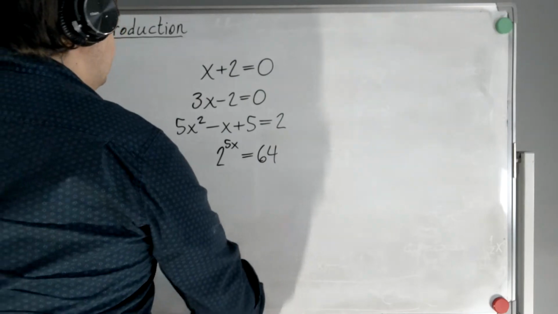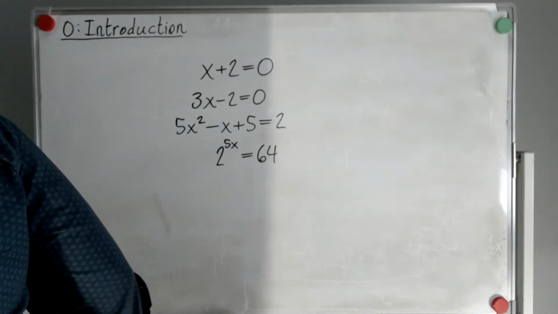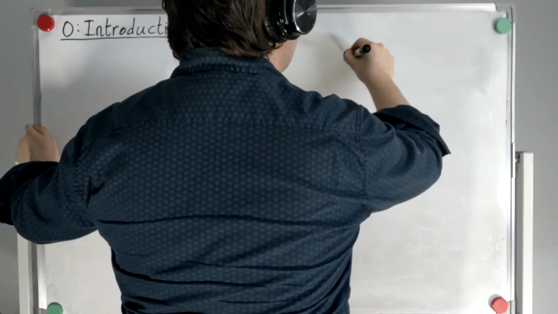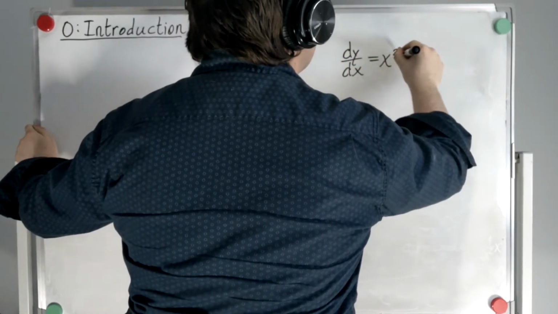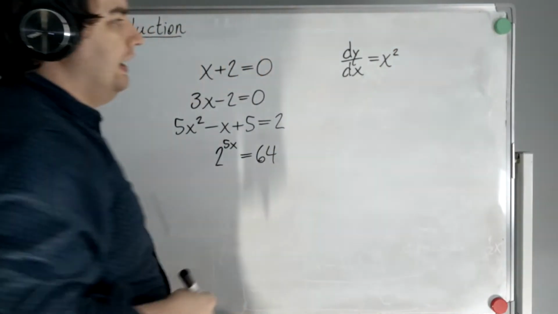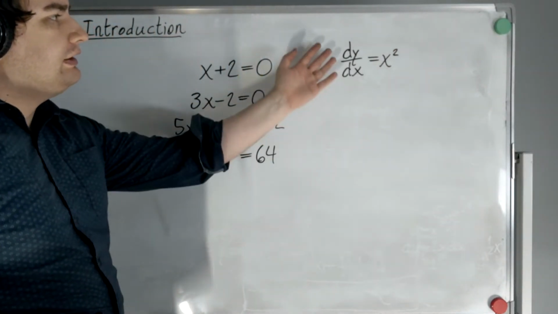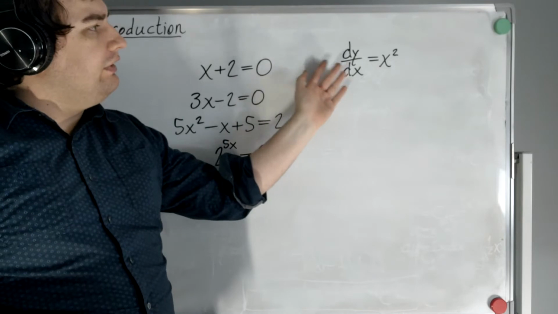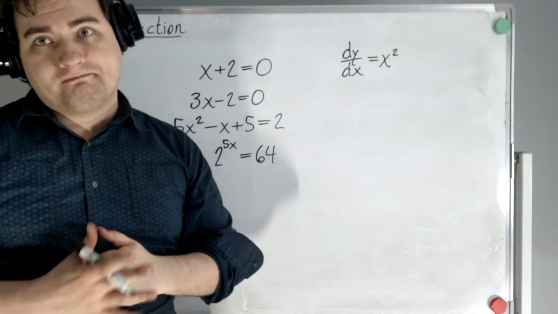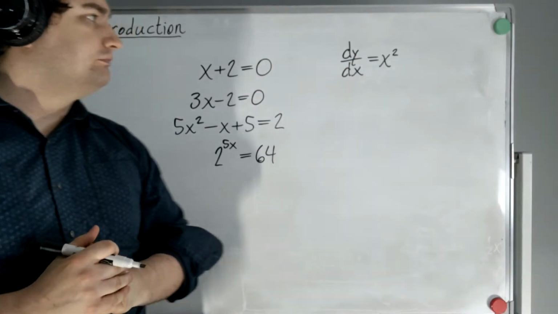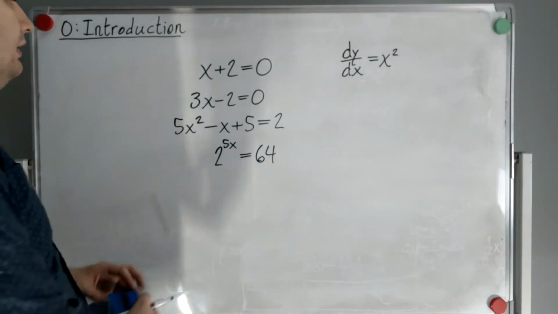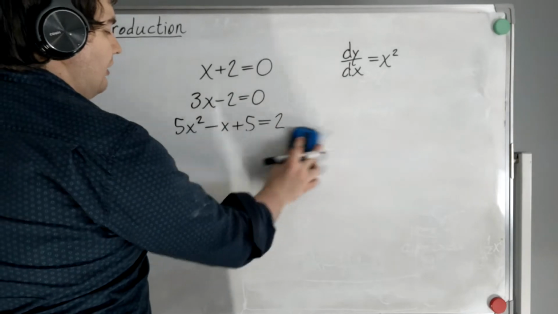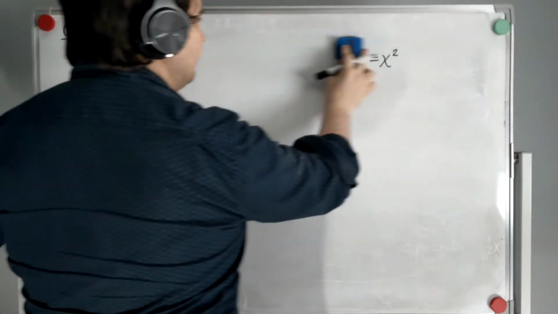So for example, you could say dy dx equals x squared, and you'd be asking, all right, I want a function whose derivative is x squared. Okay. So that's all that's going on here. We're just now describing equations that have derivatives as one of the operations.